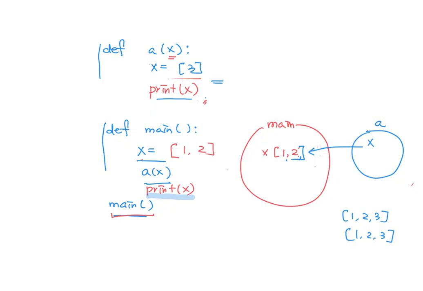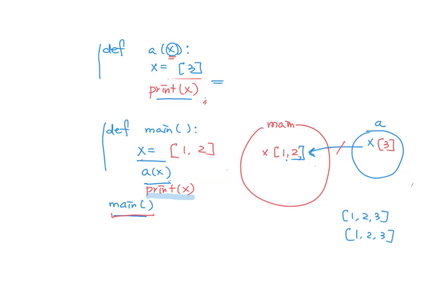So when this function is called, x in the a function was representing this list of the main function, but in the next line, if I perform some assignment to x, then at that point, this connection is disconnected, and x is attached to a list of single value 3.